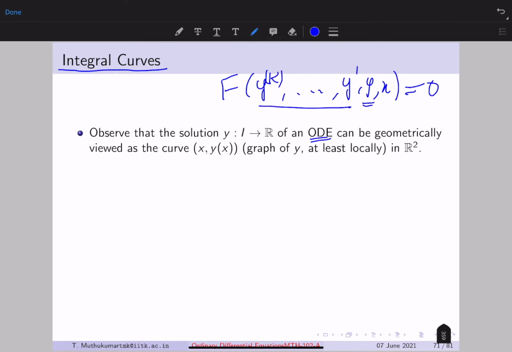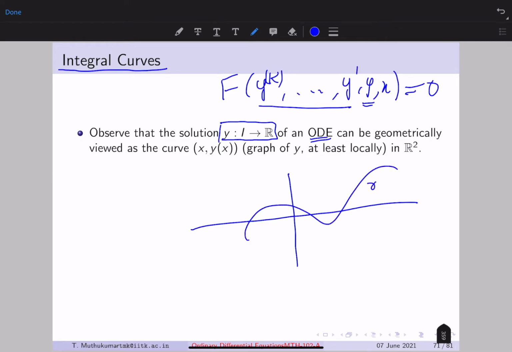So the unknown is actually a map from the domain I to R, which means the y can be geometrically viewed as some curve in R2. We have already seen it's some family of curves, so it could be anything.